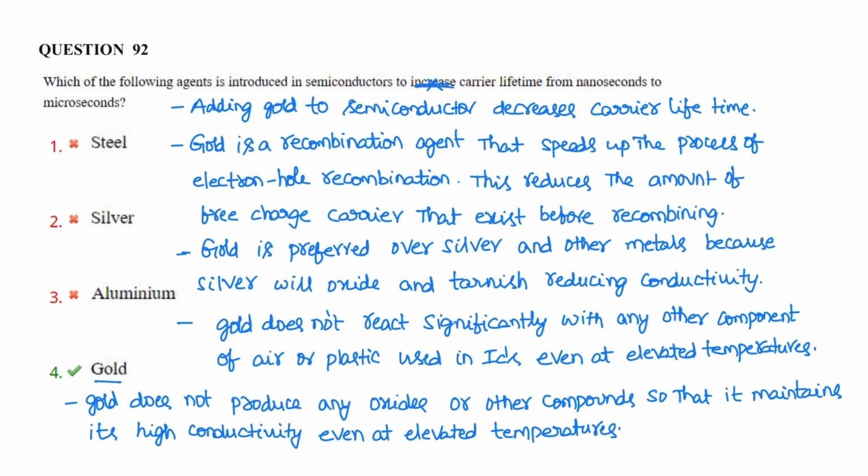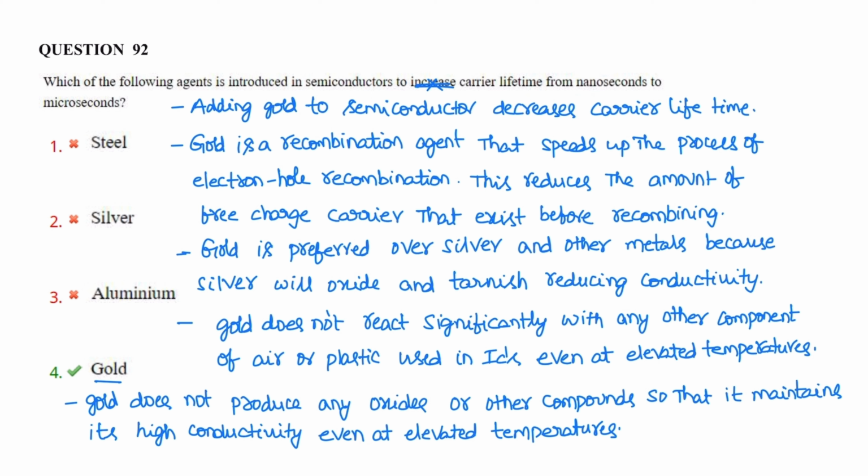So once electron hole recombination process gets speed up, then the amount of free charge carrier that exists before recombining reduces. Gold is preferred over silver and other metals because silver will get oxidized and tarnished, reducing the conductivity. Gold does not react significantly with any other component of air or plastic.